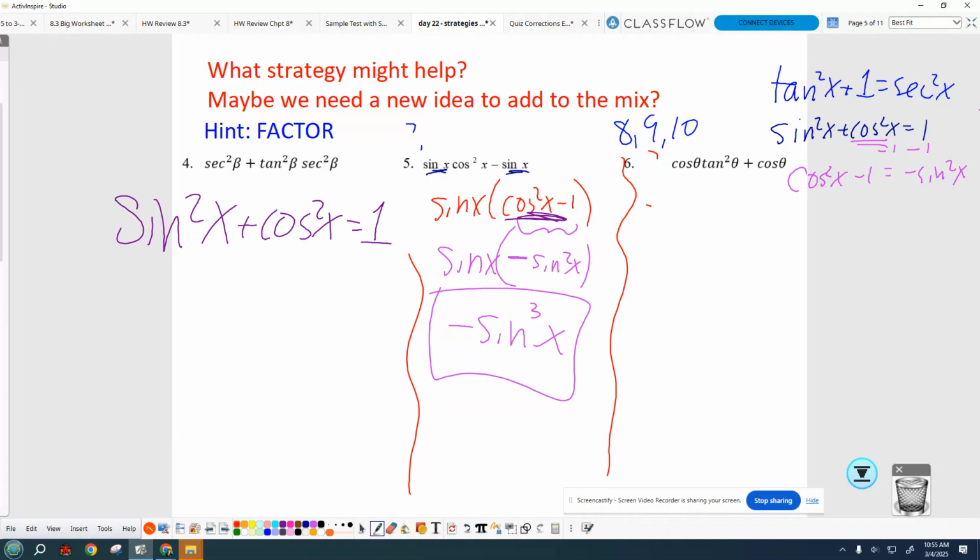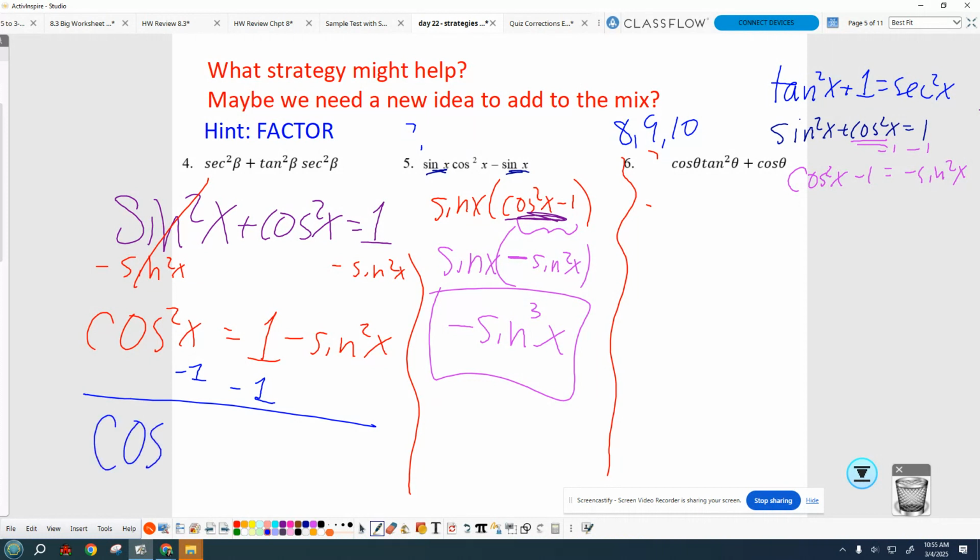I don't want sine squared with the cosine squared, I'm gonna move it. So over here I get cosine squared x equals 1 minus sine squared. It's not quite right. Subtract 1 from both sides. I get cosine squared minus 1 equals negative sine squared x. So I'm gonna pick up all of this, take it away, and plug in what I just solved for, which is negative sine squared.